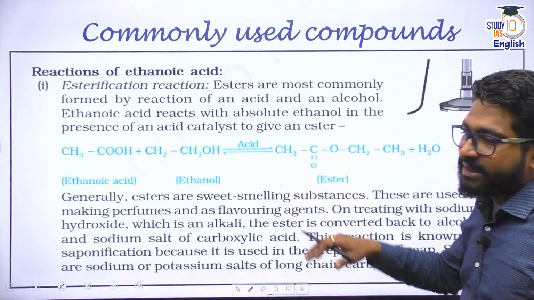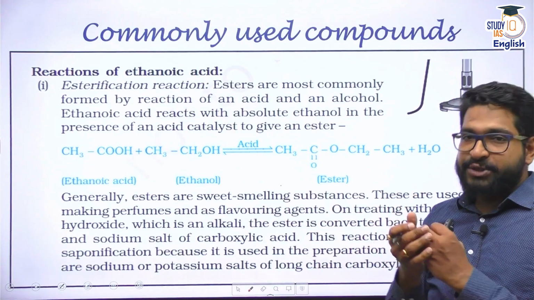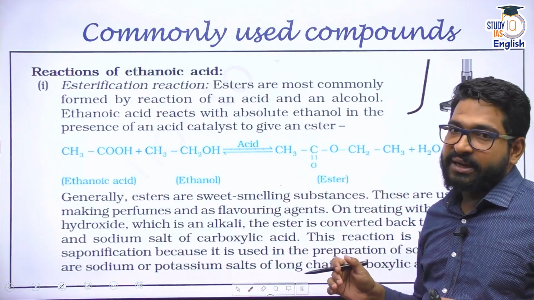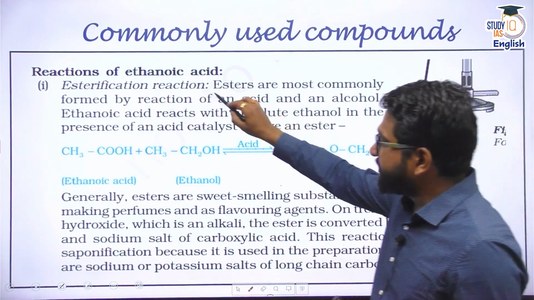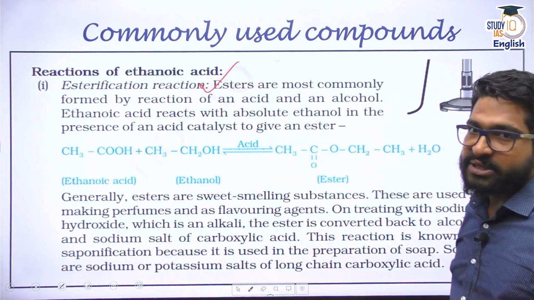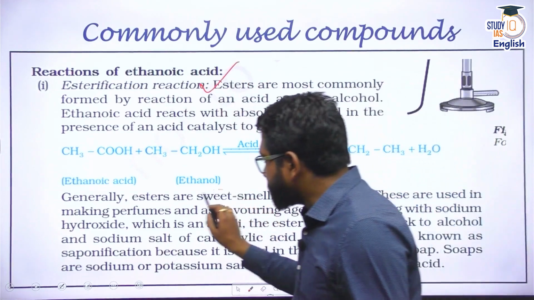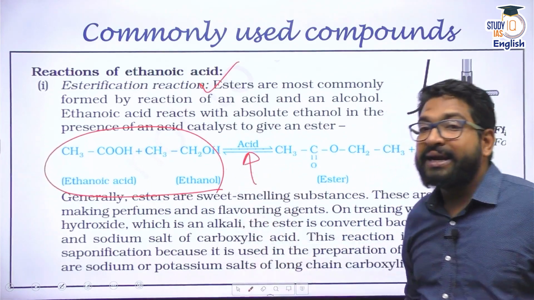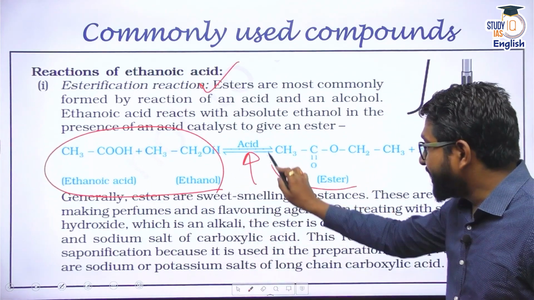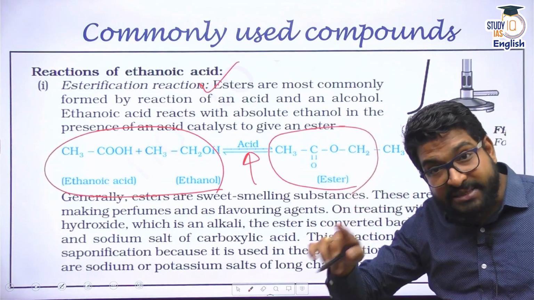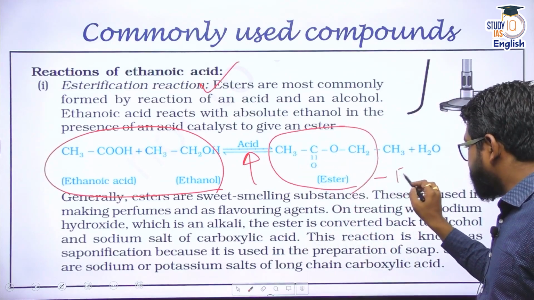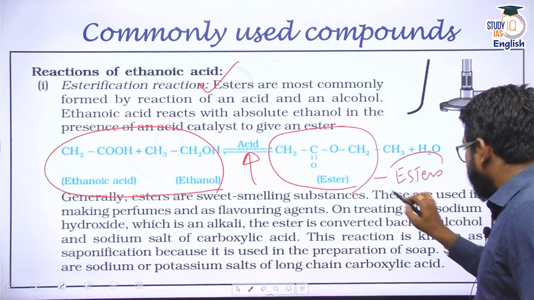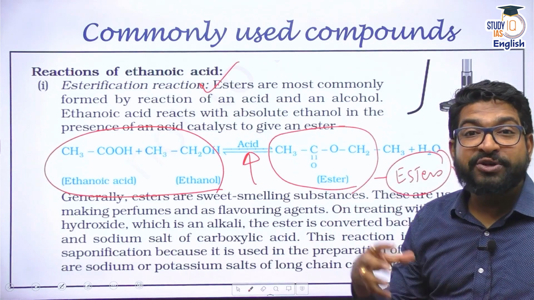Now, acetic acid undergoes different kinds of reactions. In the esterification reaction, acetic acid is mixed with ethanol, ethyl alcohol, under acidic conditions, and it leads to the creation of different esters. These esters are used in the production of soaps.